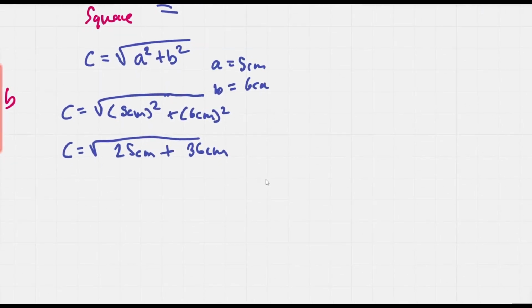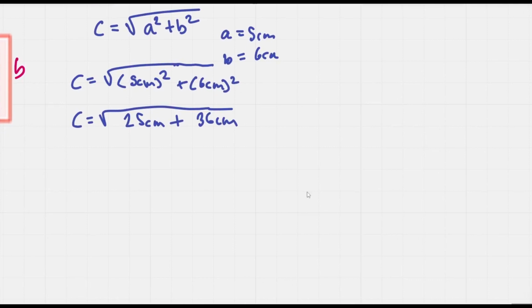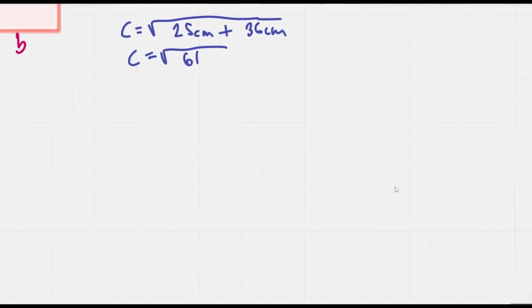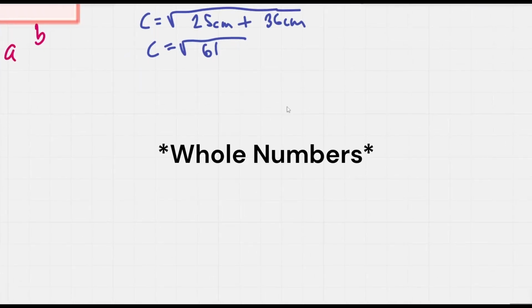Let's extend that square root over the 36. Now all we have to do is calculate everything inside of the square root. 25 plus 36, if we use a calculator, is 61. So basically we're finding the square root of 61. By using mental math, it's going to be difficult to find the square root of 61, because two whole numbers that multiply to 61 don't exist.